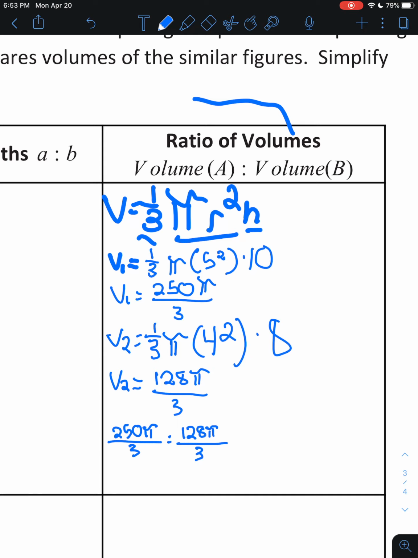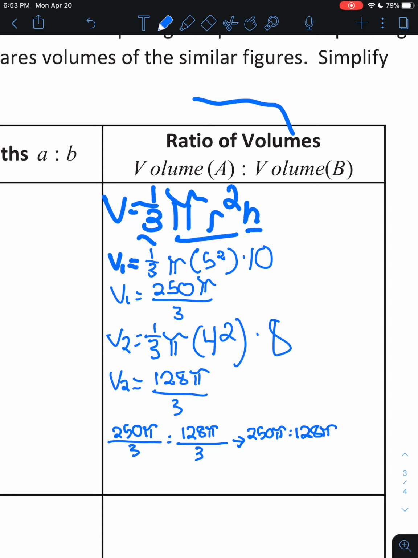And now when you're doing a ratio, you need to compare what's different in a way. So you can simplify this more. If you multiply both sides by 3, you can get rid of the 3's at the bottom. So that would then become just 250 pi to 128 pi.